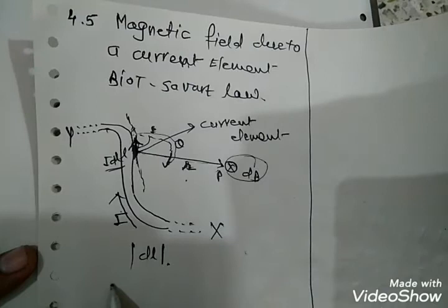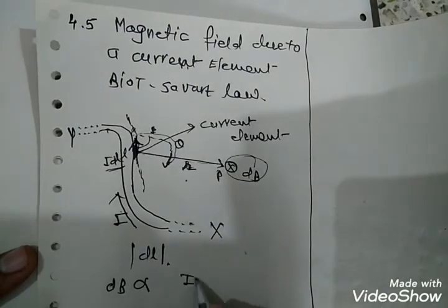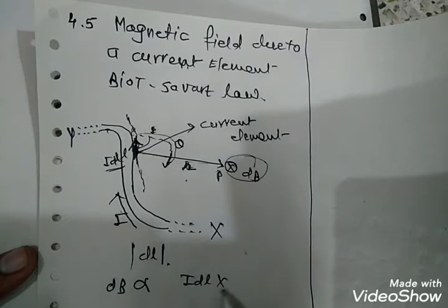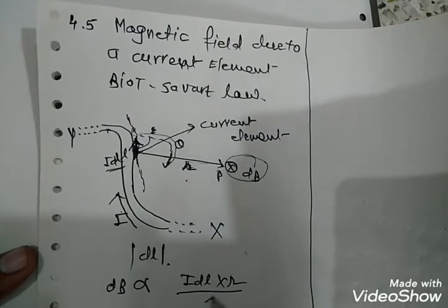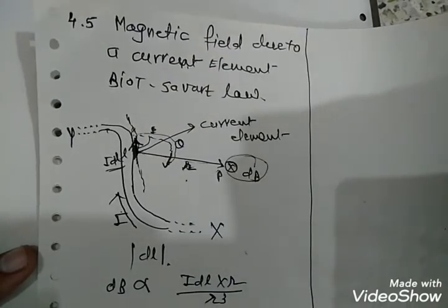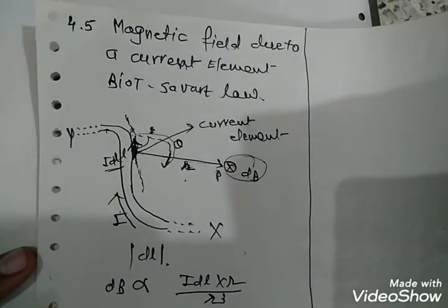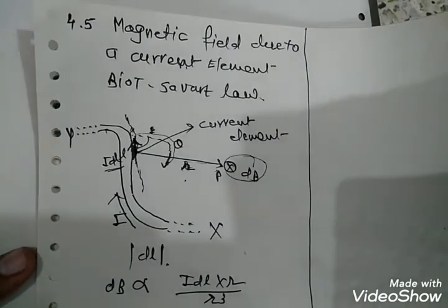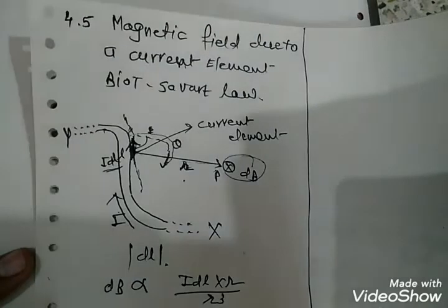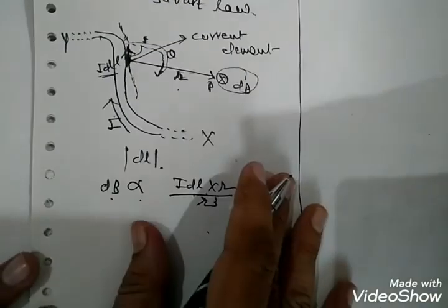So dB is directly proportional to I dl cross r upon r cube. Its direction is perpendicular to the plane containing dl and r.